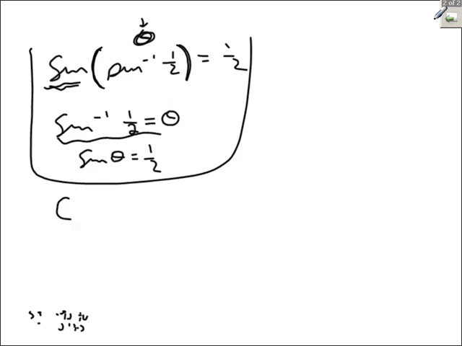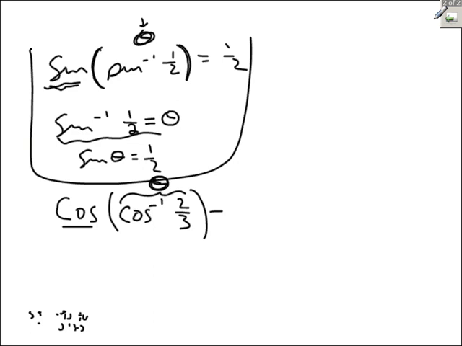If you were asked to find the cosine of the cosine inverse of 2/3, well, what's in here is an angle. Call it theta. We want the cosine of theta.